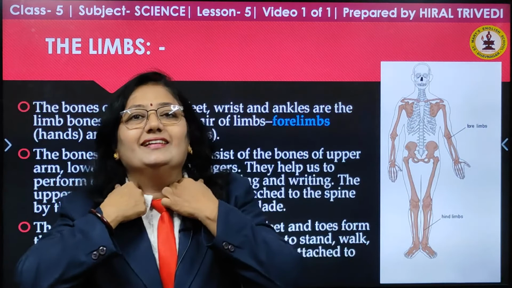Involuntary muscles are those whose movement we cannot control. They are found in the internal organs of the body, such as the stomach in the digestive system. If you are eating something and you say, come on, stop digesting, it will not stop. They work on their own. These involuntary muscles work throughout our life without stopping.